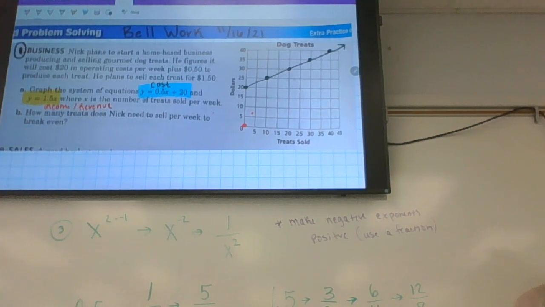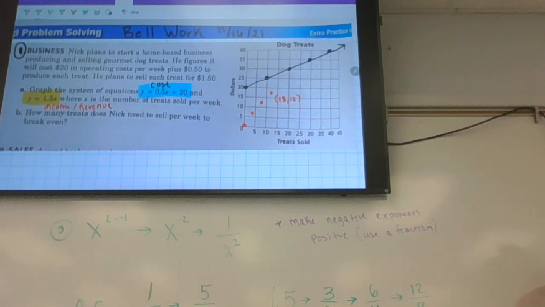So here I am at 6. If I go up 6 again, I'll be at 12 and 8. If I go up 6 again, I'll be at 18 and 12. I'm going to write that down.